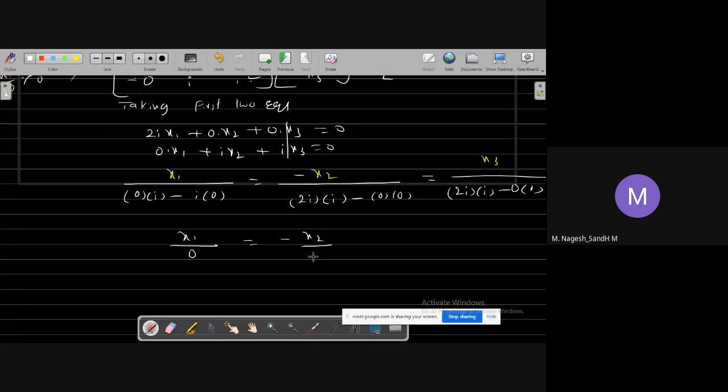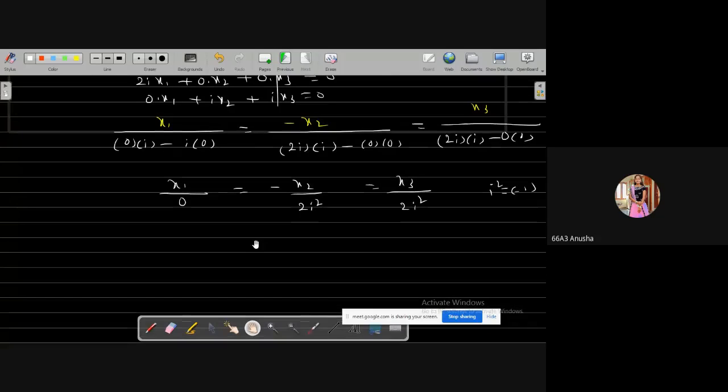Next minus x2 by 2i square. If you want, I'll write one step for you: 2i square, and x3 by 2i square. What is the value of i square? Minus 1. You can write directly. So minus x2 by 2 into minus 1, x3 by 2 into minus 1.